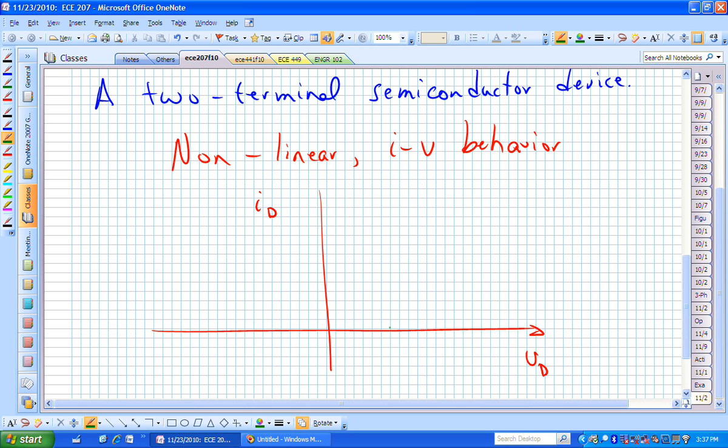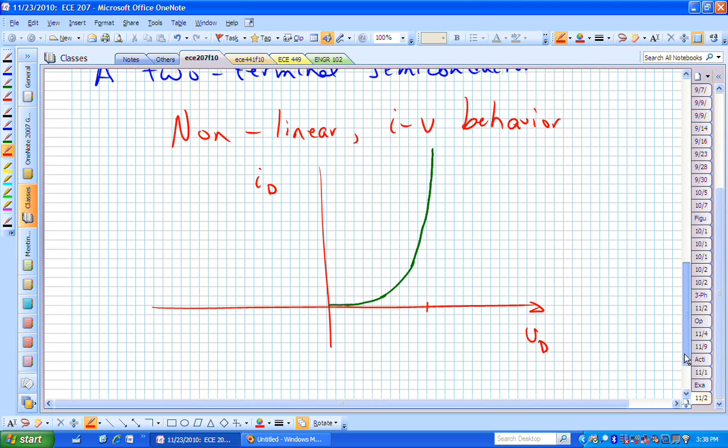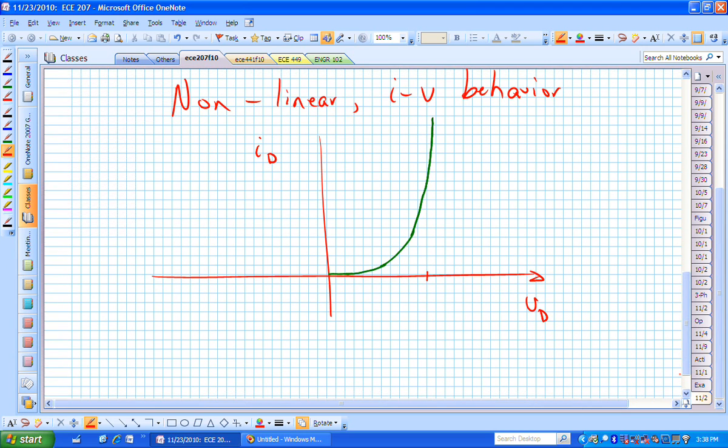The forward current voltage behavior looks somewhat like that. Once it turns on, current starts flowing at a certain voltage, and it almost just stays at that particular voltage, V sub D, which depending on the type of device, a lot of ours will just assume is 0.6 or 0.7 volts.